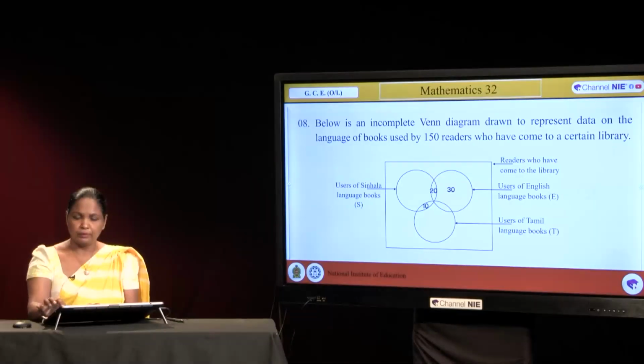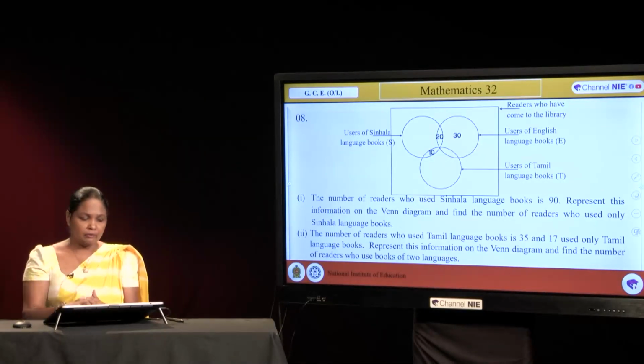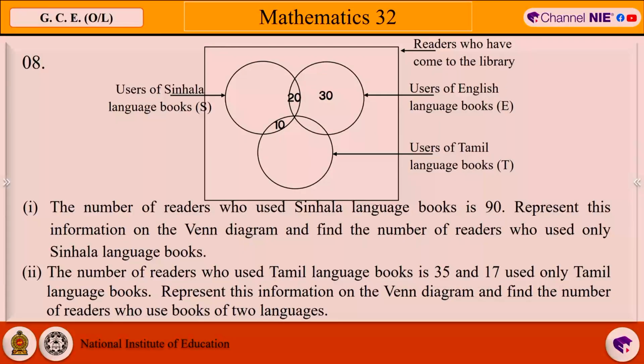Then you have few parts of this problem. What's the first one? The number of readers who used Sinhala language books is 90. Represent this information on the Venn diagram and find the number of readers who used only Sinhala language books.